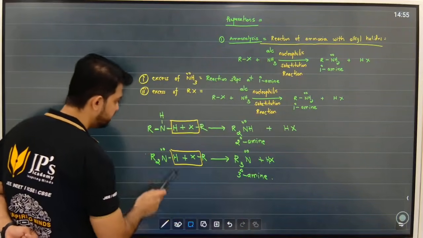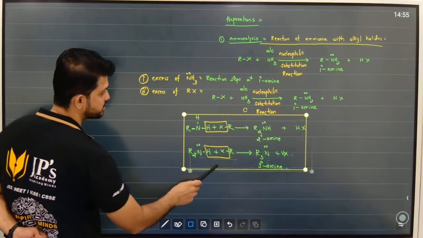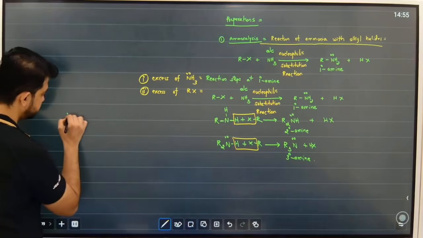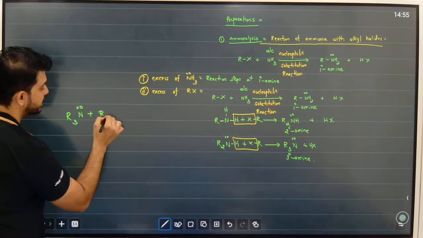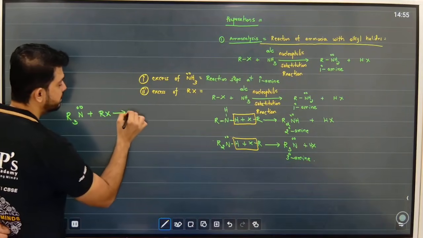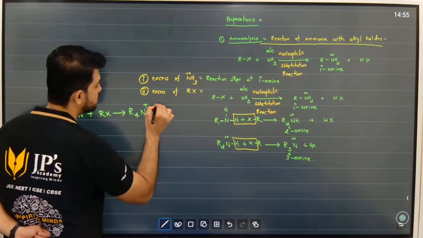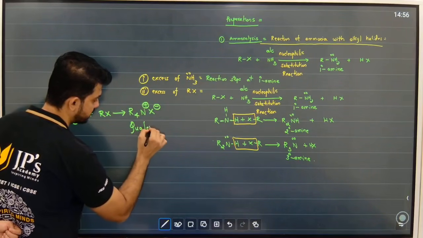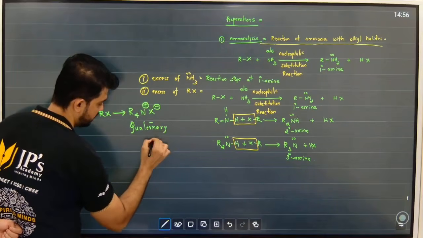And students, even after forming tertiary amines, it's not that the reaction stops. जो tertiary amine बना है student, it will further react with alkyl halide और हमें मिलता है quaternary ammonium salt. ये आपका है quaternary ammonium salt.